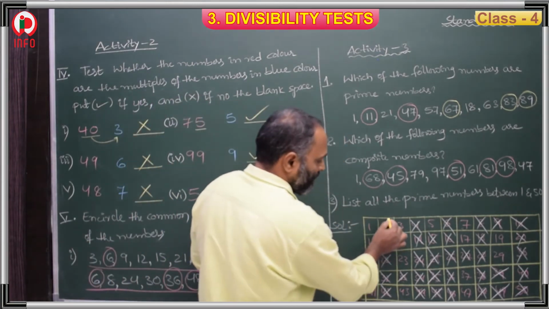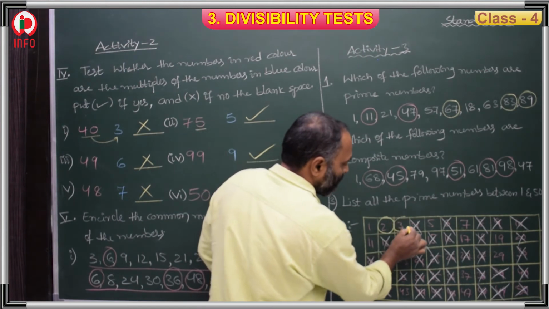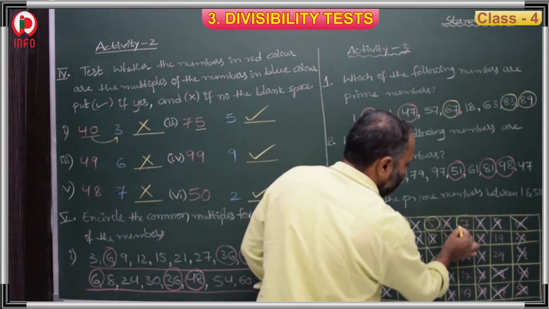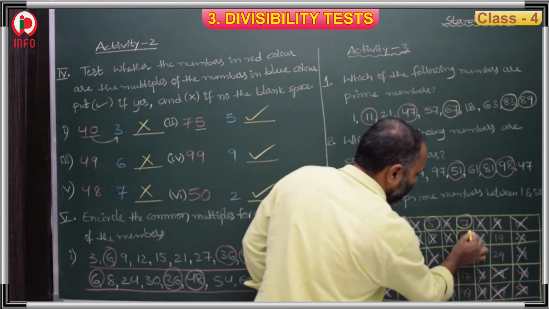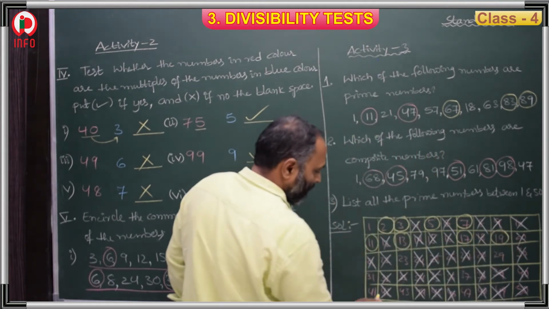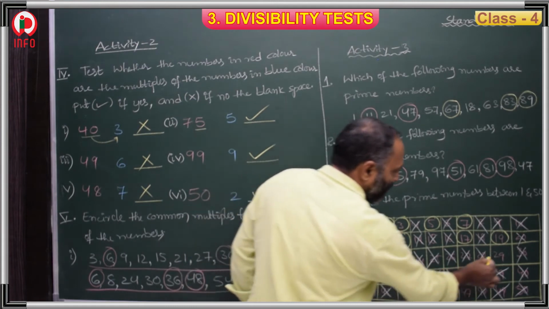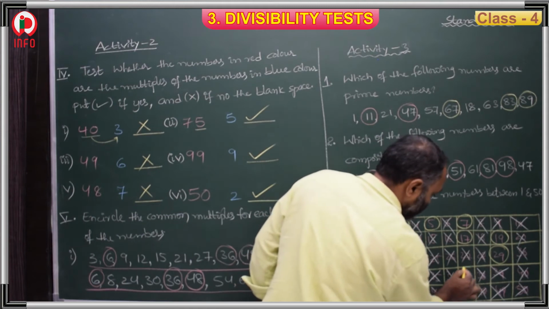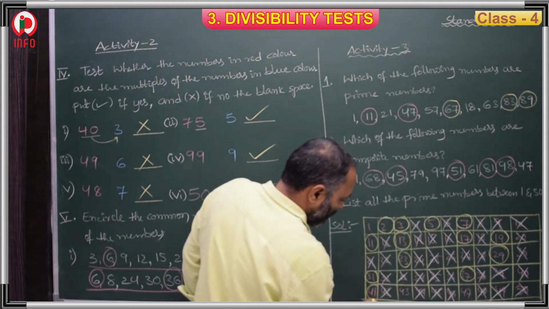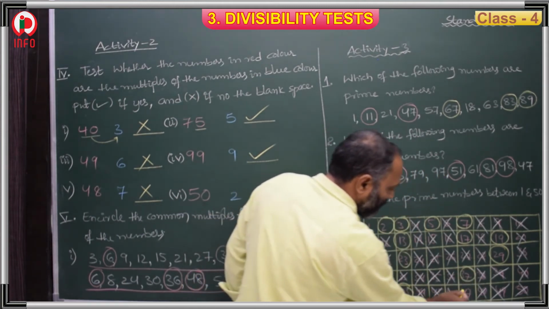Circle these: 2, 3, 5, 7, 11, 13, 17, 19, 23, 29, 31, 37, 41, 43, 47.